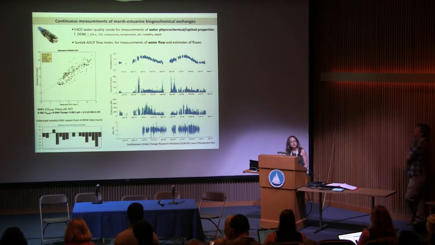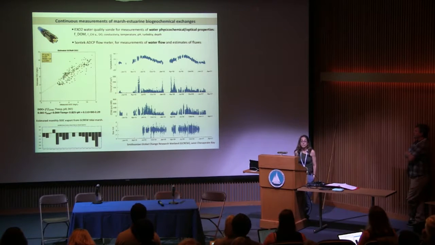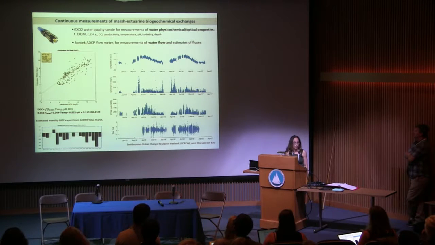And using these measurements to estimate the net annual export of DOC from the marsh to the estuary, we actually found an export that was 2 to 3 times higher than previous estimates based on 1 or 2 individual tidal cycles. So 2 points I wanted to make here.